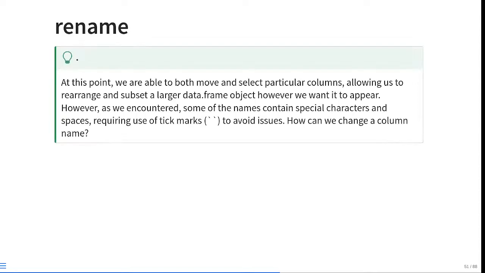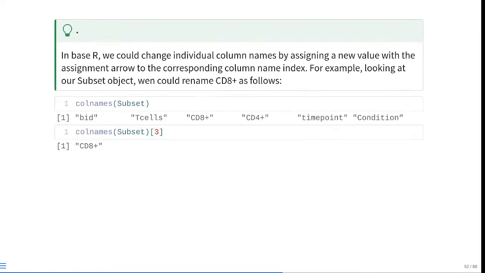As we mentioned before, there's the need to be able to rename columns, especially if you have special characters or spaces in the column name. This is a situation where doing it in base R would be a much more complicated process. So if you think about our particular data frame, we have CD8 positive and CD4 positive as column names that contain special characters.